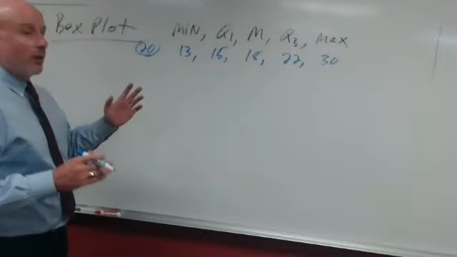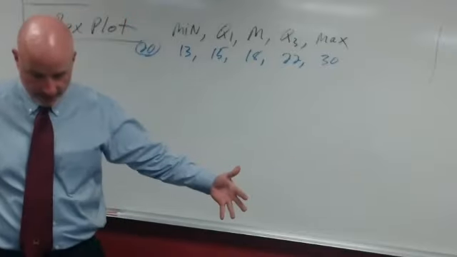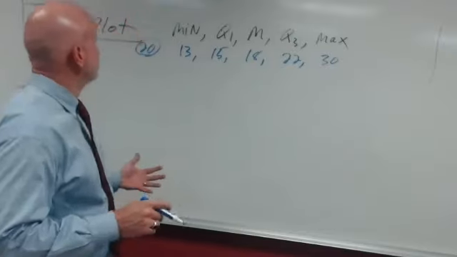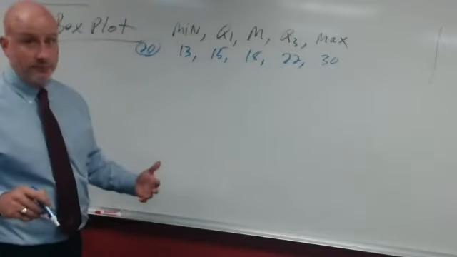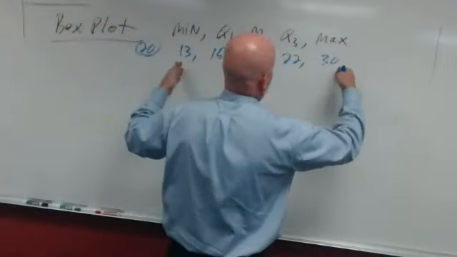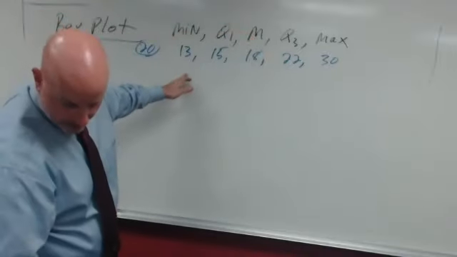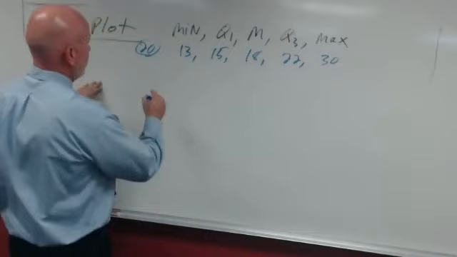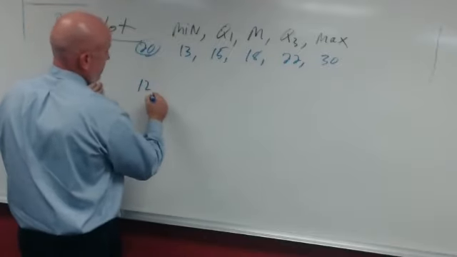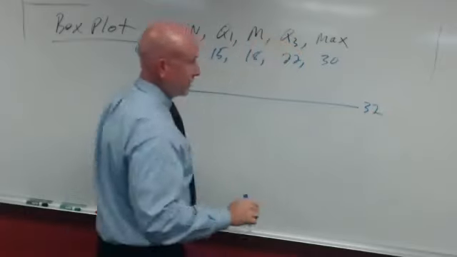So, how long do I know that my axis has to be? 13 to 30. We know it has to at least go beyond these two numbers. So the book is going to start us at 12 and run out to 32.